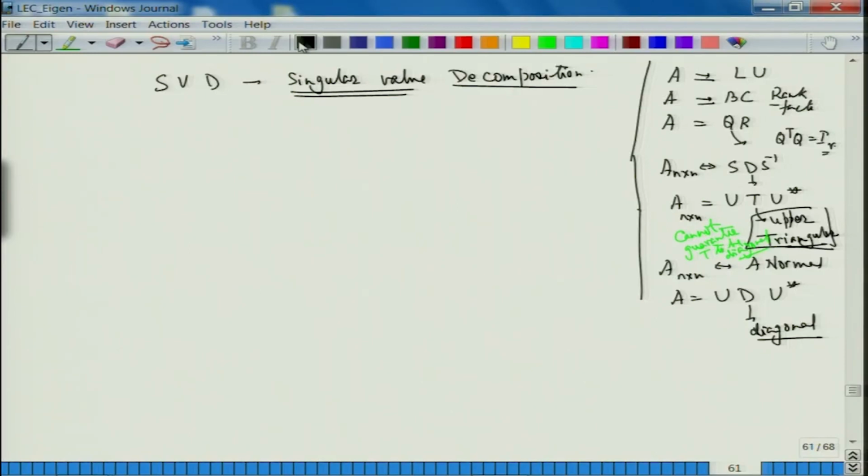Now, everything that I have done till now is in some sense related with what are called square matrices. Here it was allowed to be M cross N, here also M cross N. I could talk of this, but not understand much. And what we have seen is that understanding eigenvalues and eigenvectors is most important as far as our calculations are concerned.